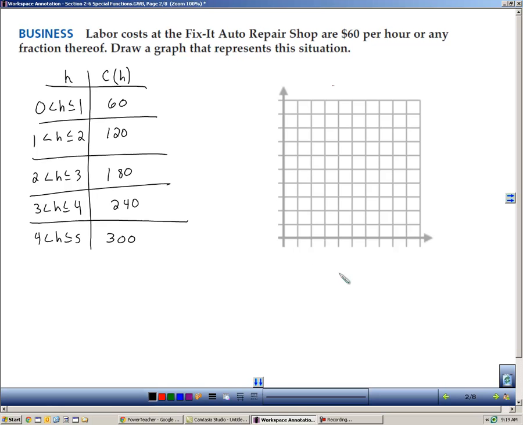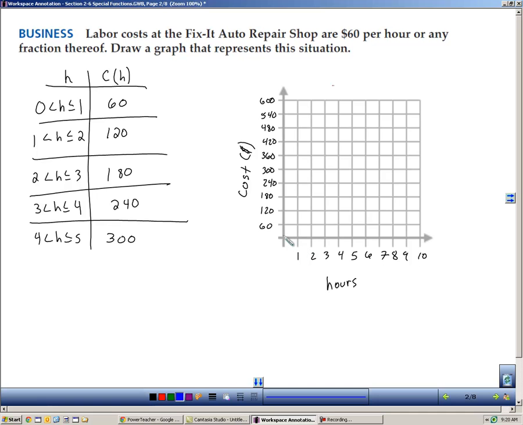So because my h, or my hours, is my independent value, I'm going to go down here and just make each one of these 1. So 1, 2, and then here on the side, the cost, and this is money or dollars, so the cost, we're going to go from 60 up by 60, so it makes sense I'm going to make each one of these 60. And then to graph them, I'm going to say from 0 to 1, and we're going to include 1.